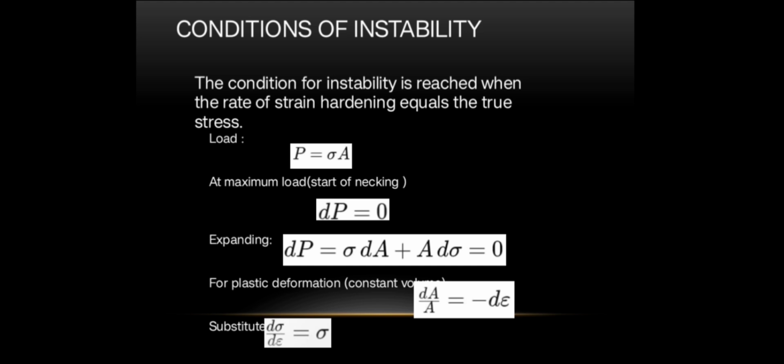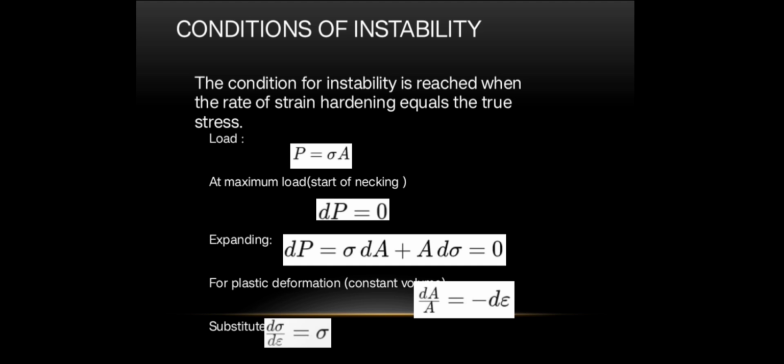Applying differentiation to the load formula P = σA, we get dP = σ dA + A dσ = 0. Next, for plastic deformation at constant volume, dA/A = −dε.